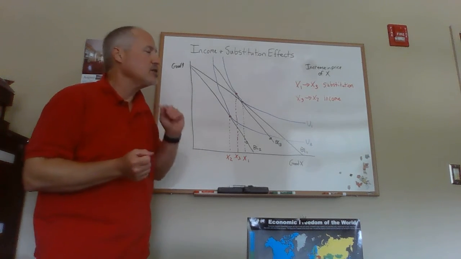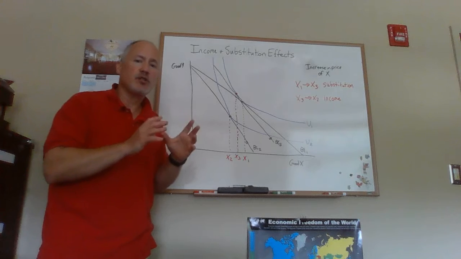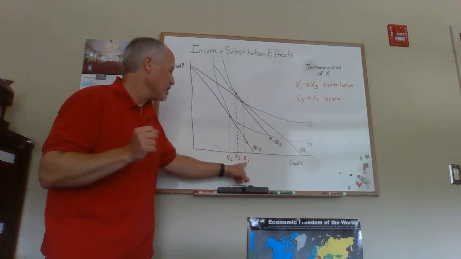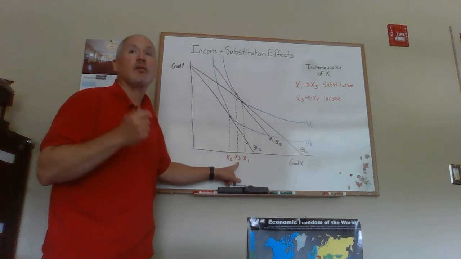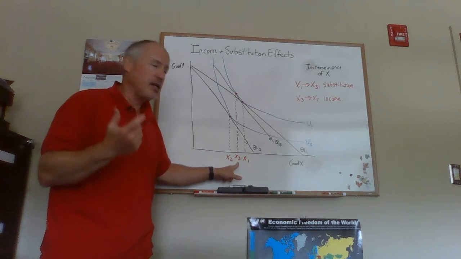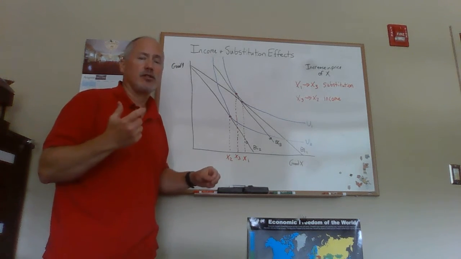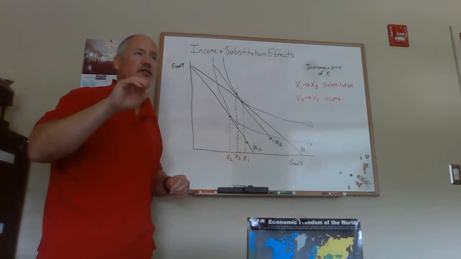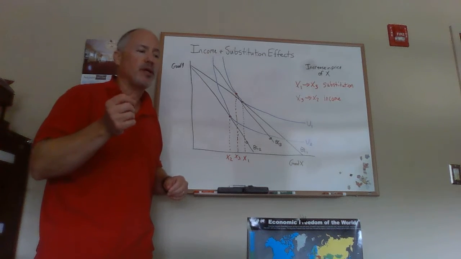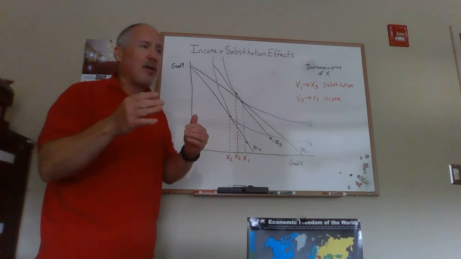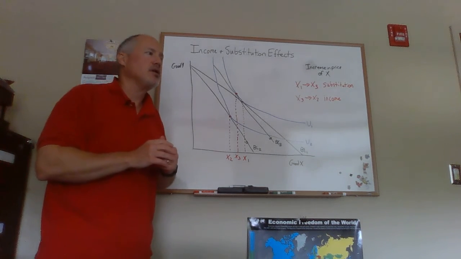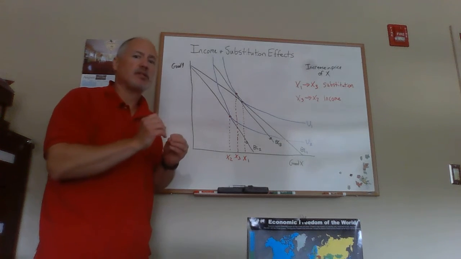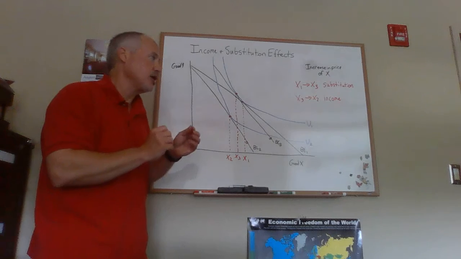So we have an increase in the price of X, and the substitution effect, therefore, says that we're going to have a reduction in the amount of X consumed. If I was showing a decrease in the price of X, then the substitution effect would be positive, an increase in the amount of X that you consume. So the substitution effect is always in the opposite direction of the price change.